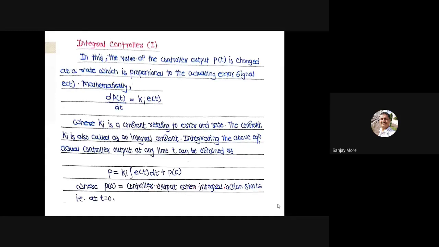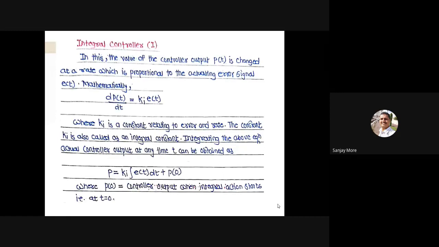See the description: the value of controller output P of t is changed at a rate which is proportional to the actuating error signal E of t. Means the actuating error signal E of t is directly proportional to the rate of change of controller output P of t.